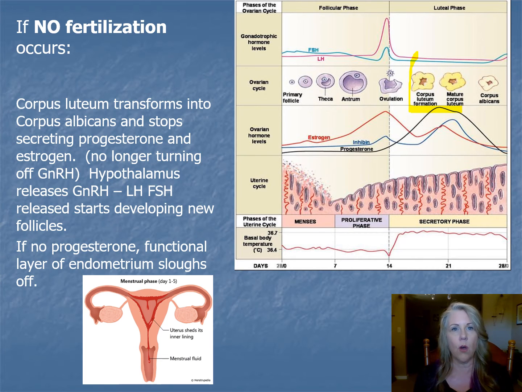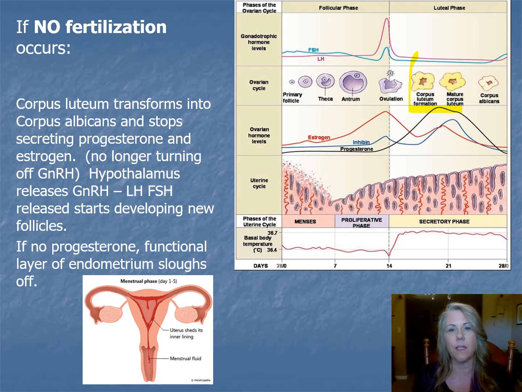If we no longer have progesterone and estrogen, mainly estrogen, in the blood, we're no longer turning off the hypothalamus, therefore the gonadotropin releasing hormone.